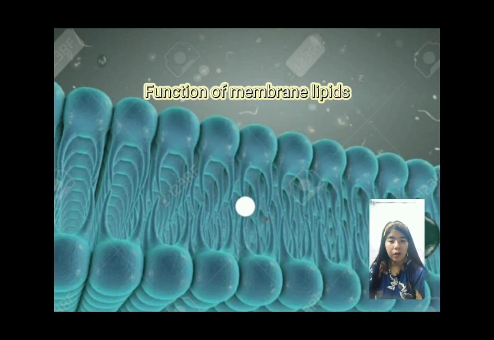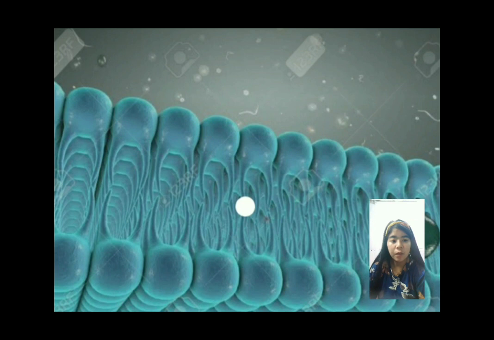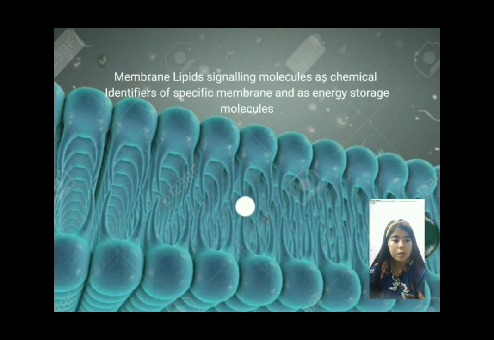The function of membrane lipids provide the physical environment where ion channel proteins go through complex conformational changes necessary for opening and closing. Membrane lipids are signaling molecules, chemical identifiers of specific membranes, and energy storage molecules.